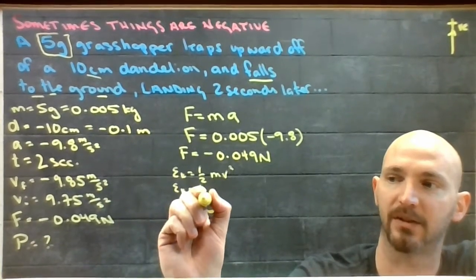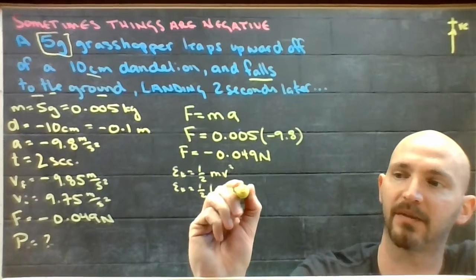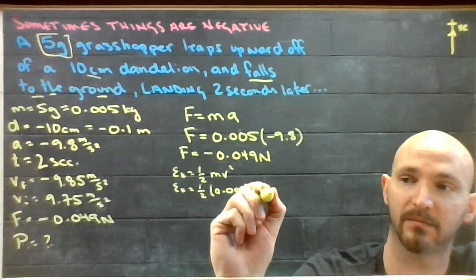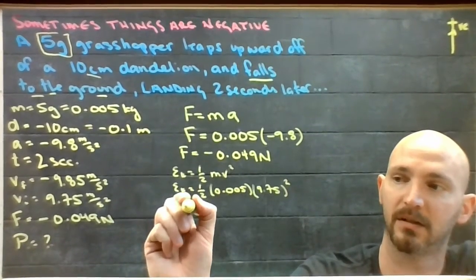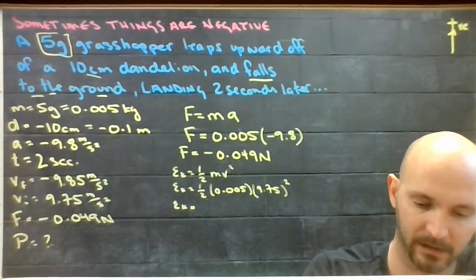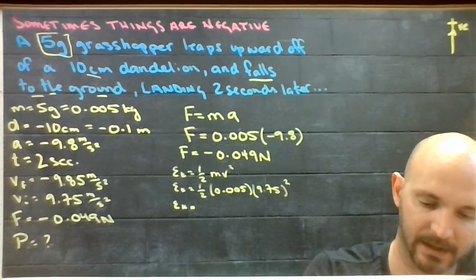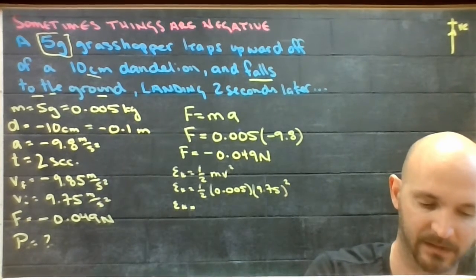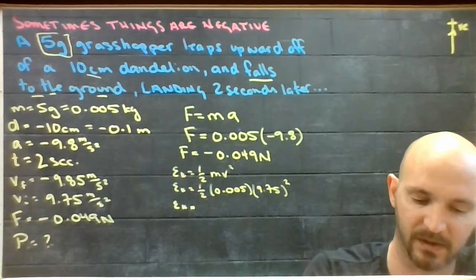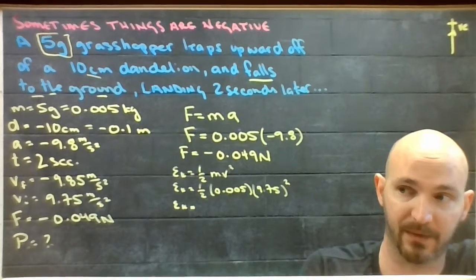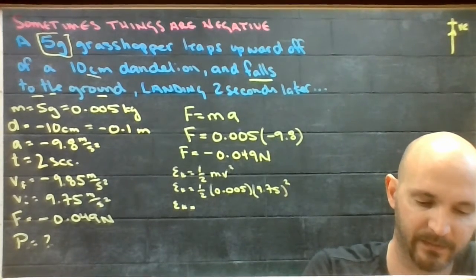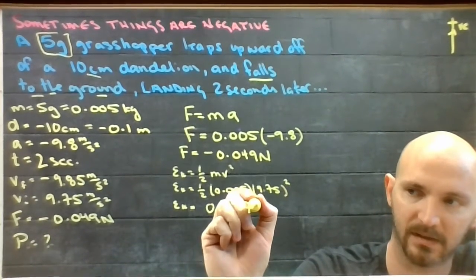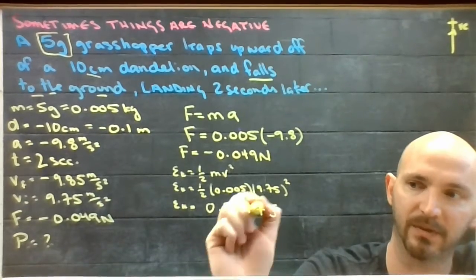If I do the initial energy first, I have 0.005 kilograms and an initial speed of 9.75 meters per second squared, which gives me 9.75 squared is 95.0625 times 0.005 is 0.4753 divided by 2 is 0.2377 joules if I round.